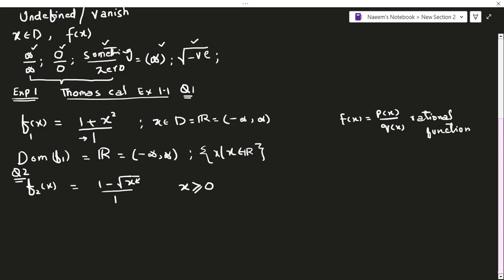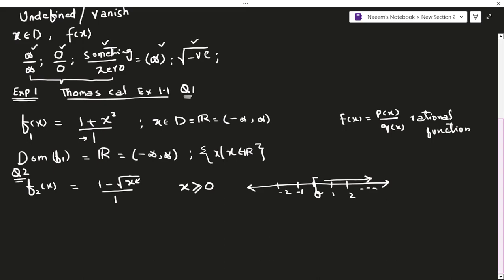You can see that if you have a real line, this is 0, and so on. x is greater than or equal to 0, from the right-hand side. So all real numbers including 0 and positive real numbers are the domain of this function.